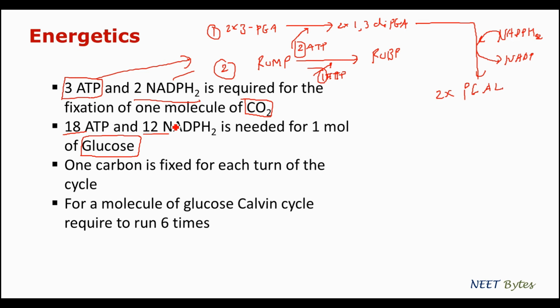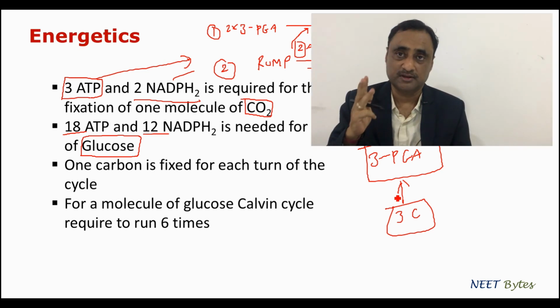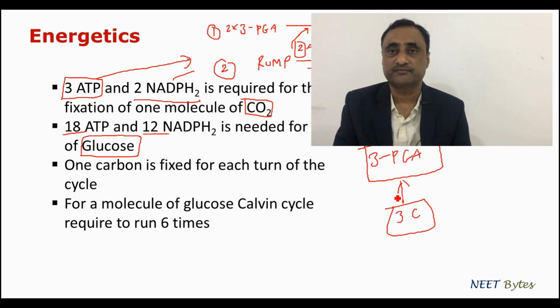For instance, suppose the question is, for forming a molecule of 3-PGA, how many times does the Calvin cycle have to run? Please remember, it is talking about fresh 3-PGA, not the internal PGA already present in a plant. So for fresh 3-PGA, 3 carbons are required, and for each carbon the Calvin cycle has to run 1 time, isn't it? So the answer to this question is 3. The Calvin cycle has to run 3 times.